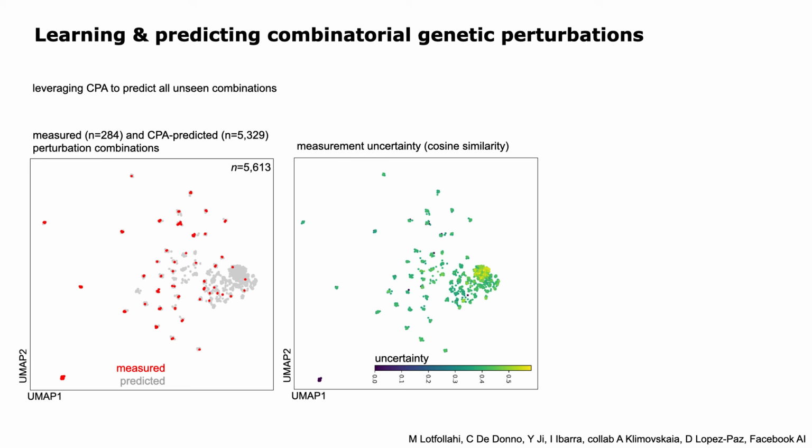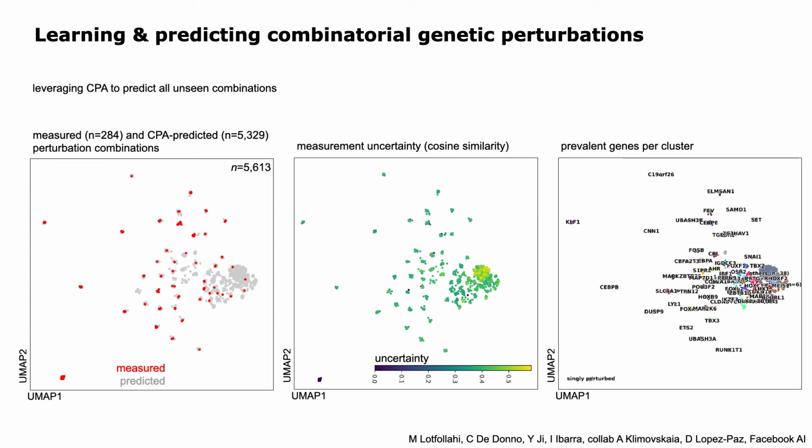As you can see, as we go to points that are far from the training points, our uncertainty gets higher. Then we annotated all these missing and predicted combinations, and we found that for most of them there is one factor that dominates all the points in that specific cluster.